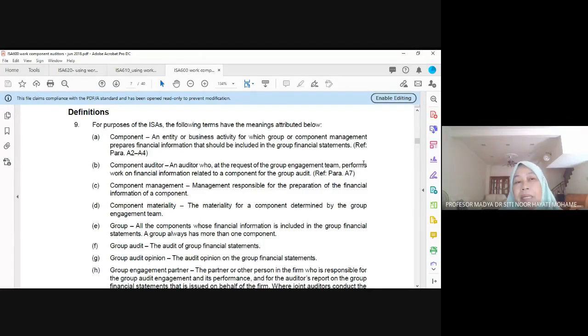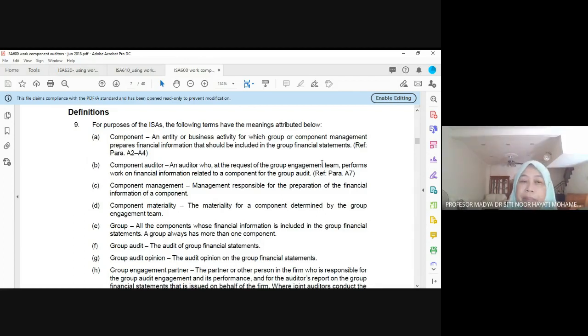But for a group company, we have many auditors, because in a group, let's say 3 companies in a group, each company can have their own auditor. And the principal auditor would be the auditor of the group, or the auditor of the holding company.